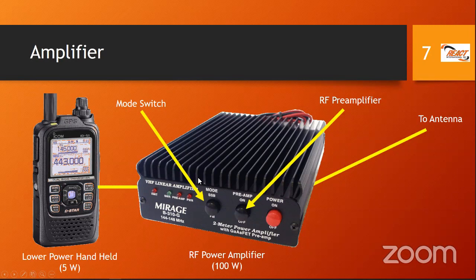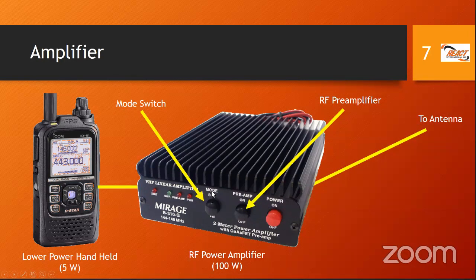And that amplifier will take my 5 watts that this handheld radio is capable of doing and could output 25 watts, 50 watts, 100 watts, depending on the specifications of the amplifier. So I can use my handheld device that's limited to 5 watts out, connect it to the amplifier, and end up with a higher power output going to the antenna.